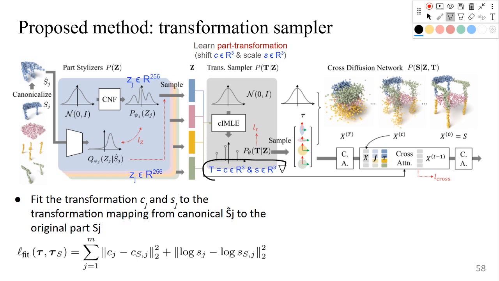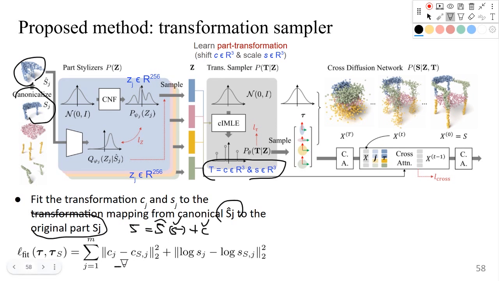To learn this, we will fit the transformation C and S to the transformation mapping from the canonical to the original part here. When we do this canonicalization, we have the S hat here, and this is the original. We can multiply with the original scale that we use in the canonicalization plus the translation C. And this is the ground truth, right?